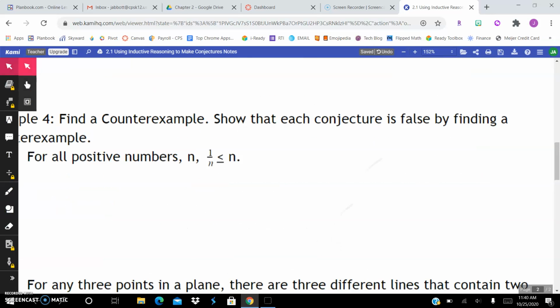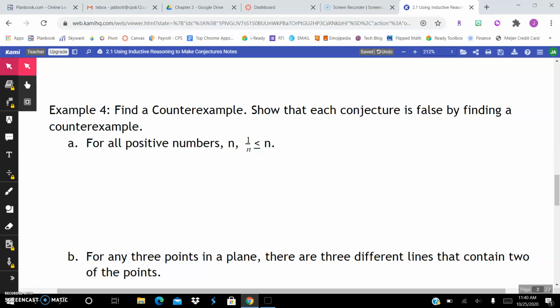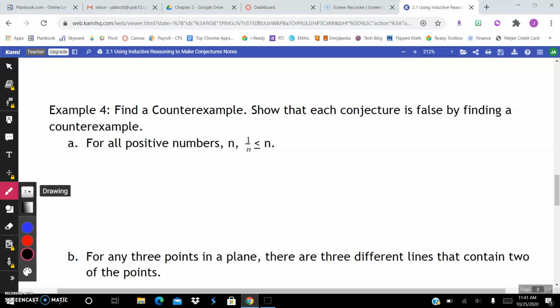So for example 4, it says find a counterexample. Show that each conjecture is false by finding a counterexample. For all positive numbers n, so we can only use positive numbers, 1 divided by n is always going to be less than or equal to n. So if I plug in, let's say, 2 for n, every n became a 2.